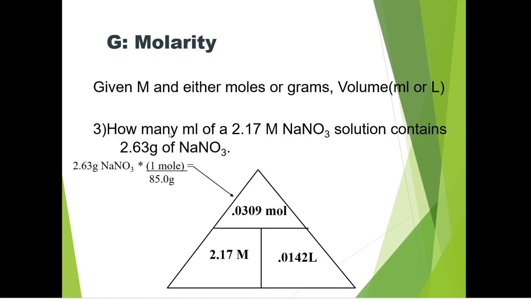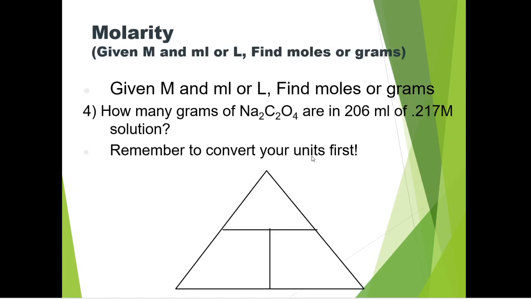But notice it asks for milliliters, so now you convert liters to milliliters. In 1 liter there's 1,000 milliliters, so you multiply to get the answer of 14.2 milliliters. So pay attention to the units as you're going through molarity. We'll practice this. Let's look at another one.